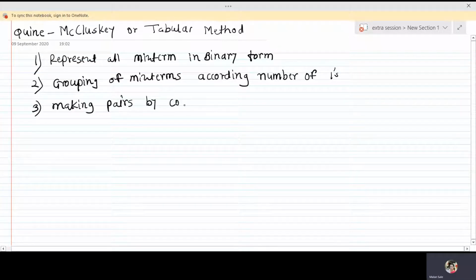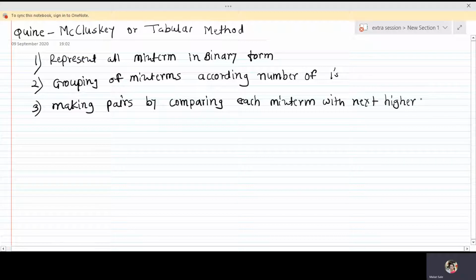by comparing each minterm with the next higher minterm where there is only one bit change.